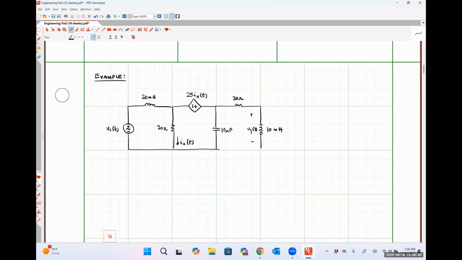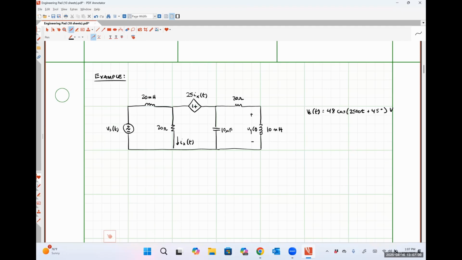I'm going to close things out here. Okay. And let's say that Vs of t is 48 cosine 2500 t plus 45 degrees volts. And ultimately, we are interested in solving for Ix of t or Vy of t.